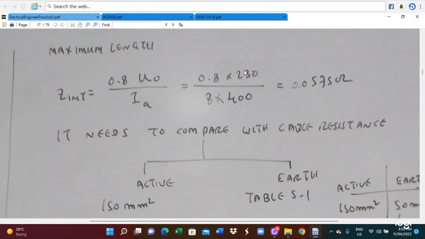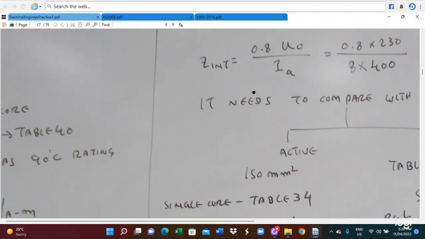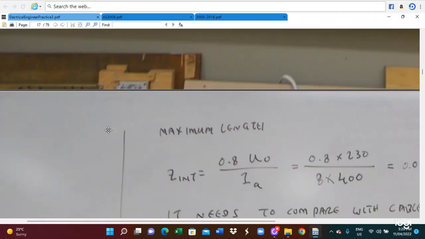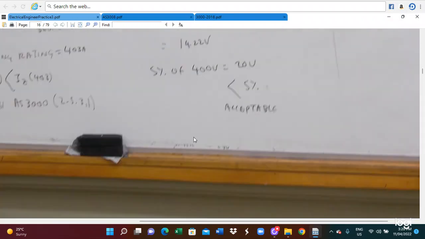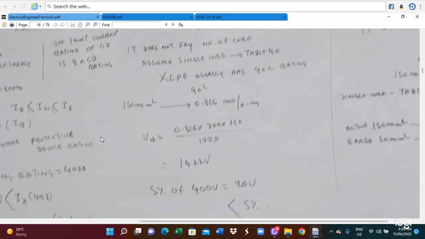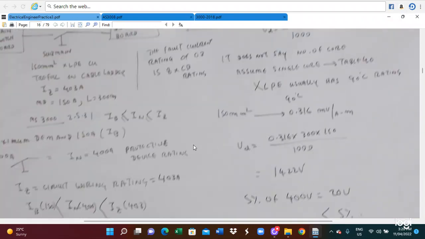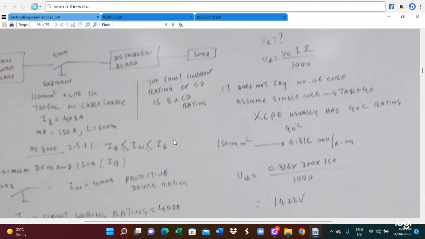So 0.8 multiplied by 230, 8 into IA value. The circuit breaker rating is the IA value. So we substitute the 400 ampere, the current rating. So this is the 400. IM value is 400 here.